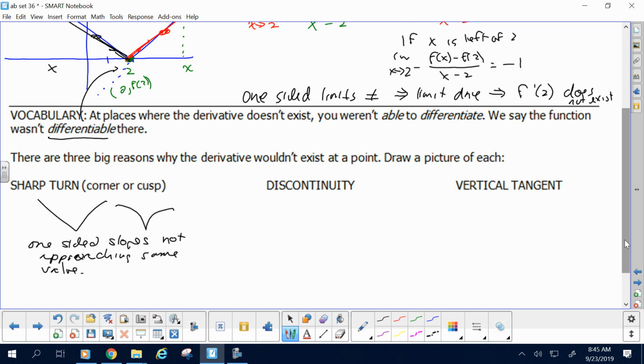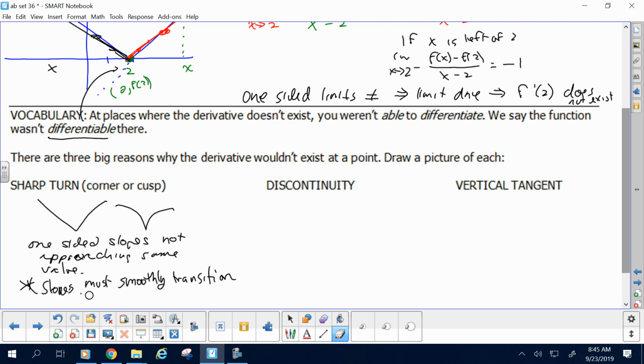You could say, write yourself a note, slopes must smoothly transition. Then, would you also write a little bit of vocabulary that other textbooks definitely use? Slopes must be locally linear.